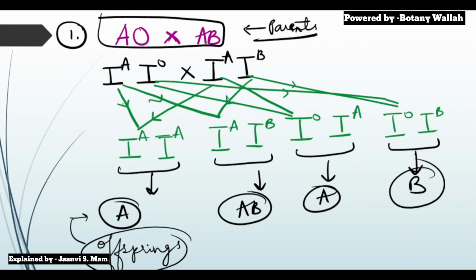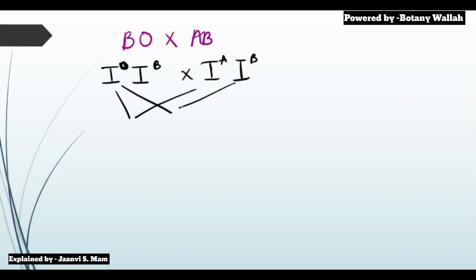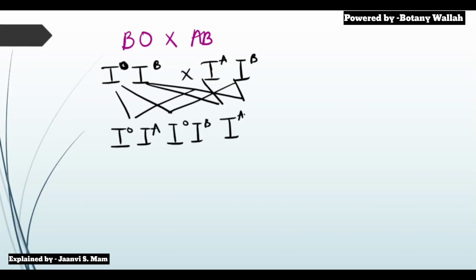Okay. Next we will go with the same flow as IB. You can write IO and IB. Then IA, IB, and again you will have the possibilities. So here you will have IO IA, then IO IB, then IA IB, then I have made the arrows a little smaller, you just adjust this, then IB IB.